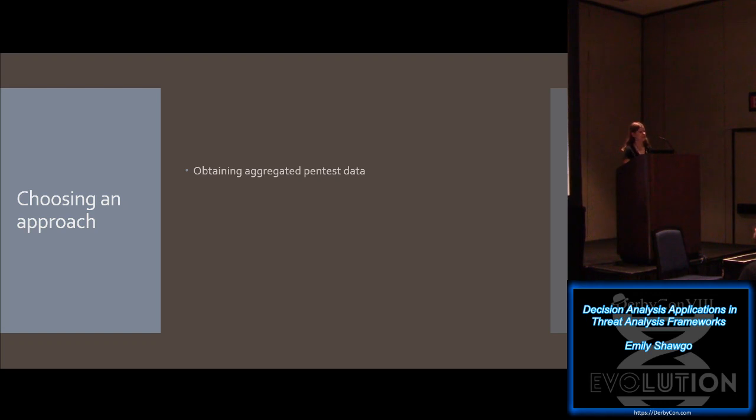Unfortunately, no one will let me have company pen test data. That wasn't going to happen. So I said, okay, never mind, that won't work. What if I can get just one anonymized group to sign off on letting me use their pen test data? My advisor was very confident that we would be able to get one group to let me do this. No, did not happen.